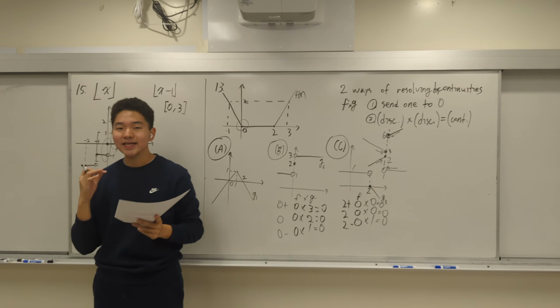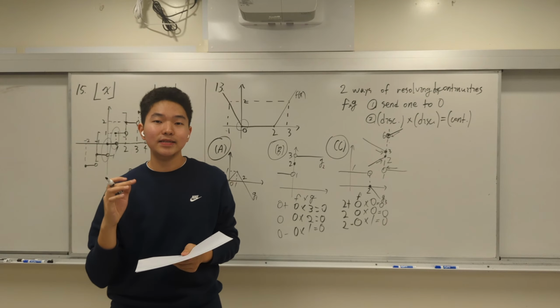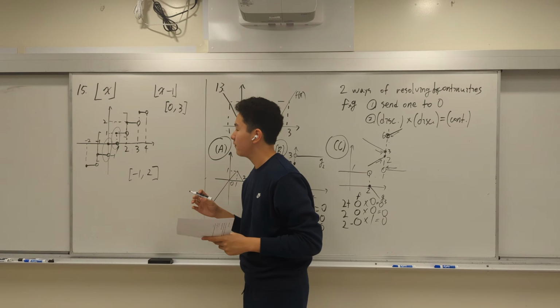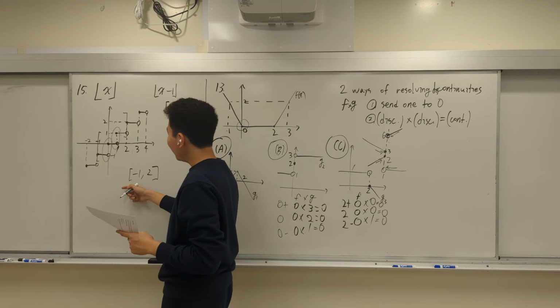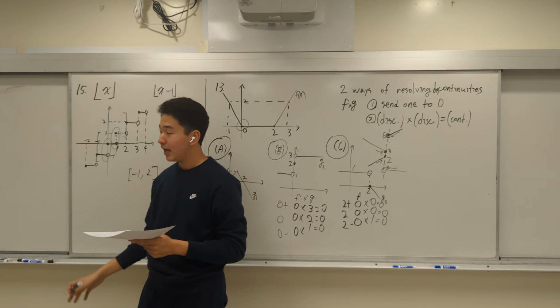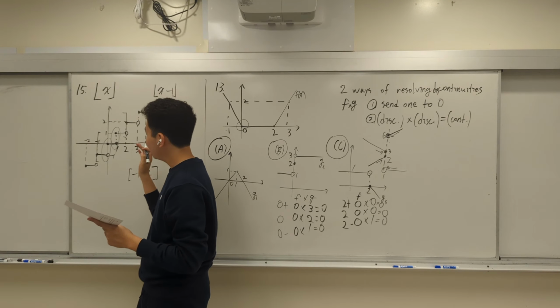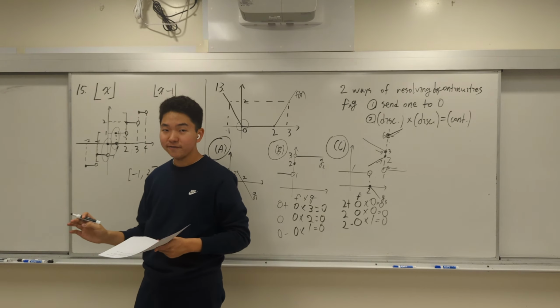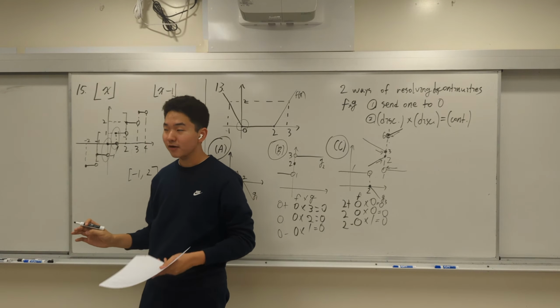remember I told you there was an exception for evaluating discontinuities in closed intervals. On the left-hand side, we do not need to look at the left-hand limit. We only need to look at the right-hand limit and the function value, right? So here, the right-hand limit is negative 1, and the function value is also negative 1.